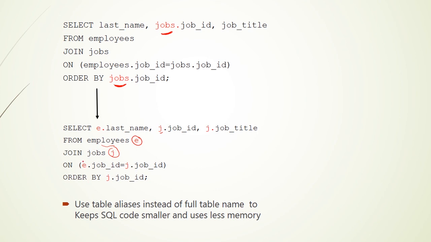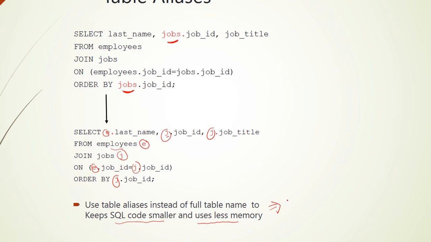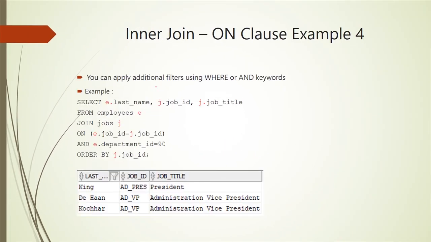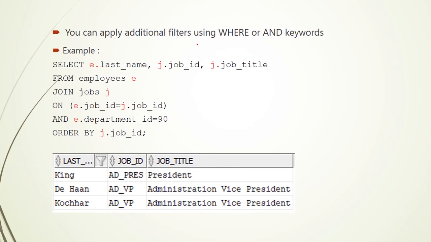So here we can specify the alias of the table instead of specifying the full table name. So use a table alias instead of the table name to keep SQL code smaller and use less memory, and so better performance. In the last example, we can apply additional filters using the WHERE or the AND keywords.